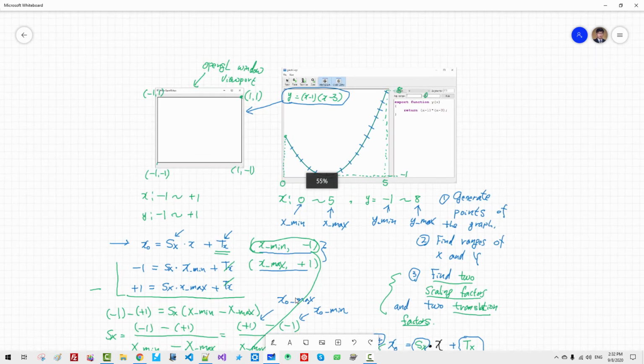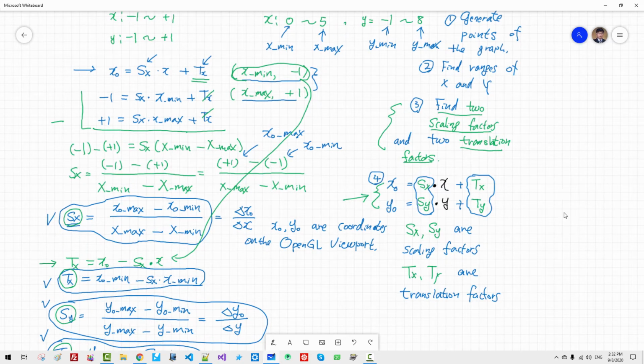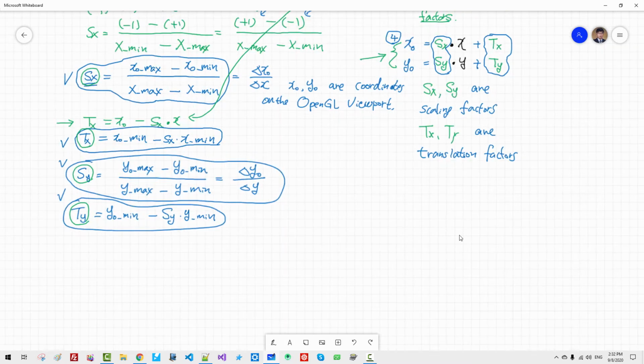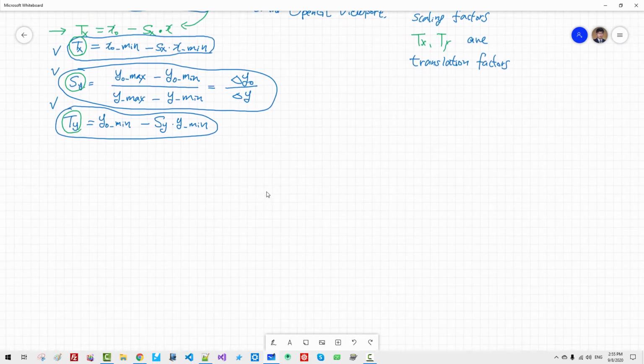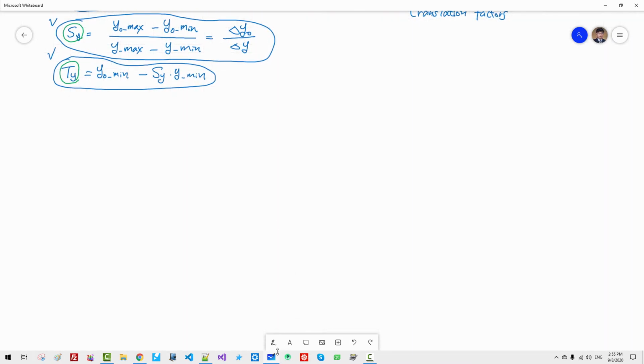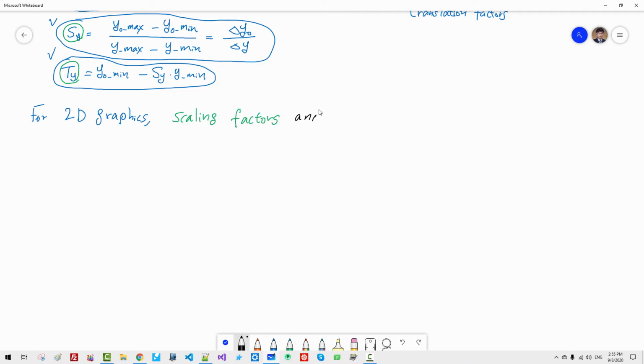In our previous episode, we learned the concept of scaling factors and translation factors. Now, let me remind you what we learned. For 2D graphics, scaling factors and translation factors are good enough.